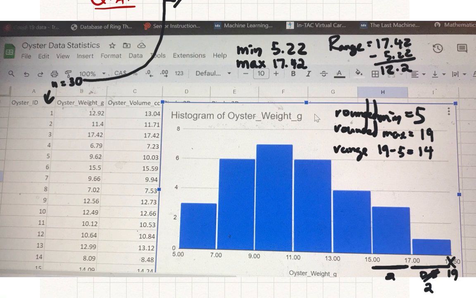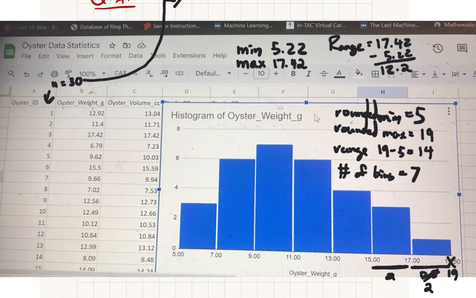And 14 is divisible by 7. So we can have 7 different bins. Between 5 and 7, between 7 and 9, between 9 and 11, etc., all the way up from 17 to 19.